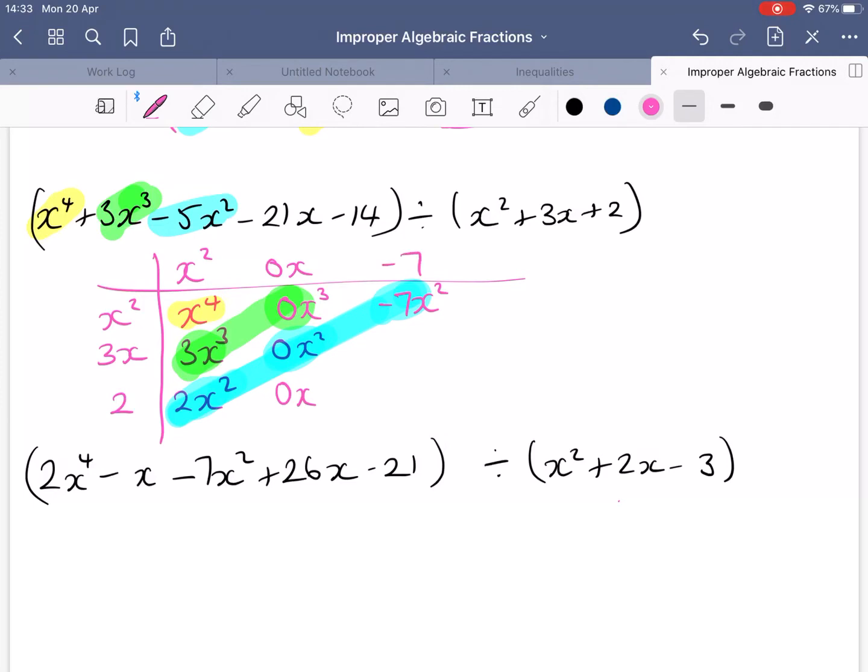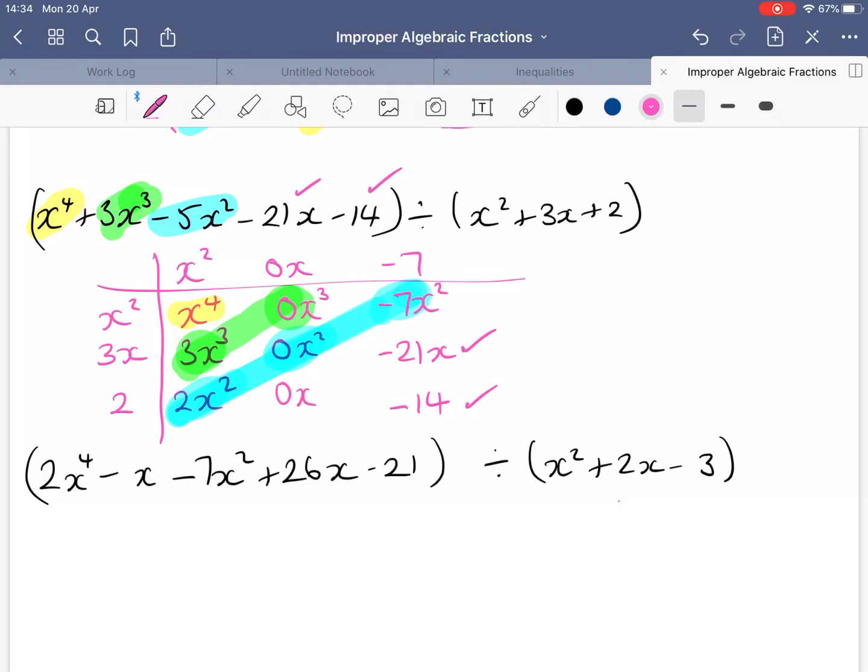I've got minus 7. Fill in the column, minus 21x, minus 14. And actually in this situation, I've got 2 checkpoints to see if I've got the right answer, assuming that x squared plus 3x plus 2 divides wholly into that original polynomial. Okay, so they take a bit more practice, but they're not too bad.